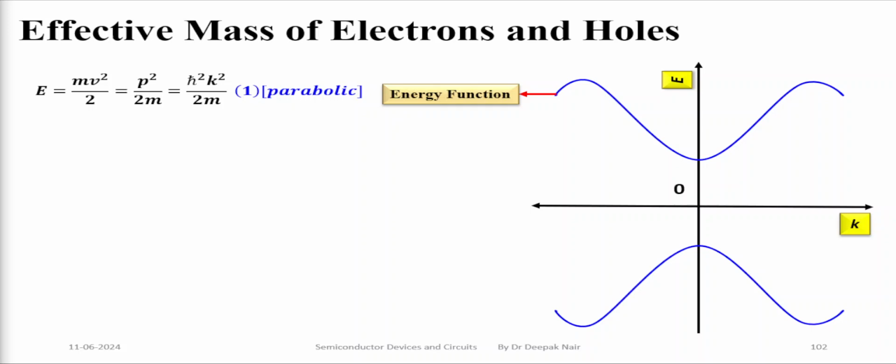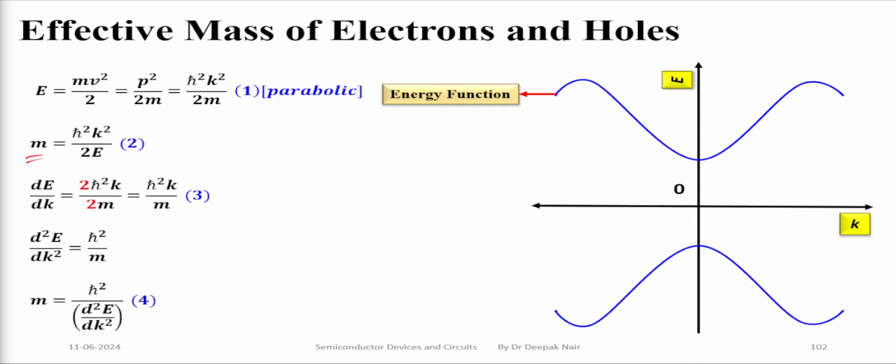Let us go a bit deeper. E is h bar square k square upon 2m, which is coming from Schrodinger's equation. Taking the first derivative of energy E with respect to k, the 2 will come down. The 2 in the numerator and the 2 in the denominator will cancel each other, and we will end up with dE by dk equal to h bar square k upon m.